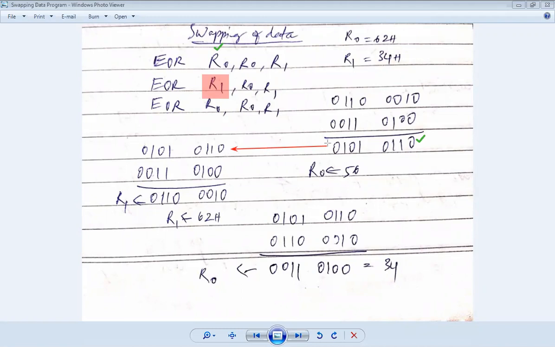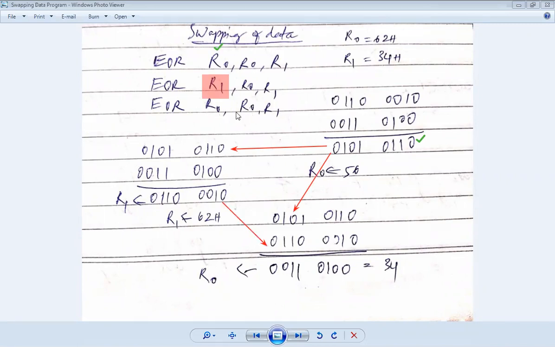Now again, as you all know, R0 has this value and R1 has this value. I'm taking those values down here. This value I'll be taking here down, and the R1 value I'll be taking here down. Again I'll be doing an XOR operation, and the value should be sitting in R0.